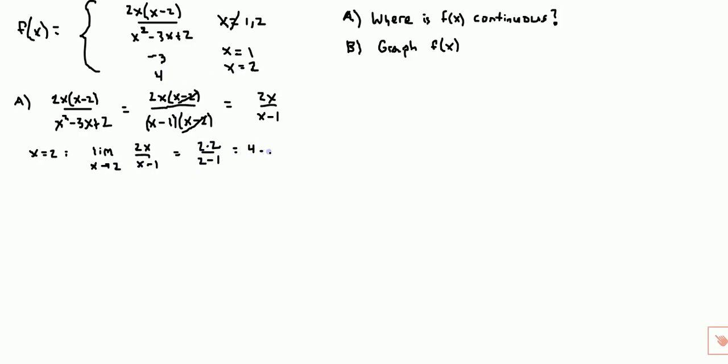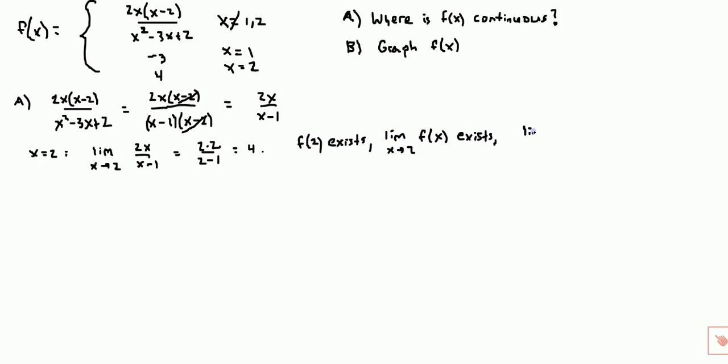So we actually have all of our criteria for continuity. Remember the first one, f of 2 exists. The second one, the limit as x approaches 2 of f of x exists.